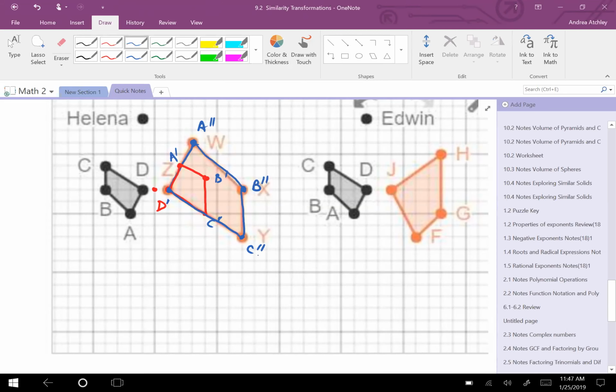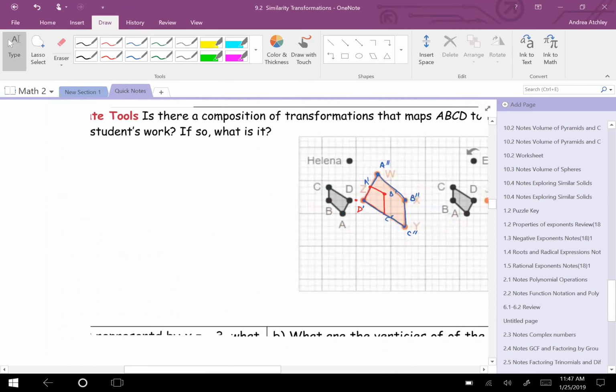So we're copying this down into our notes. Okay, so we're going to describe that.